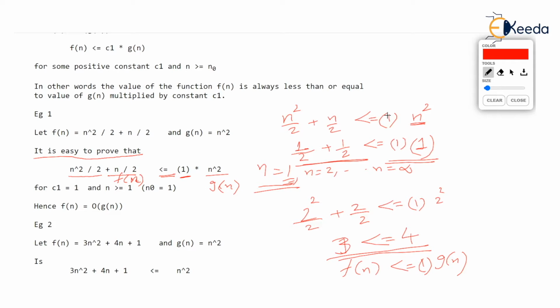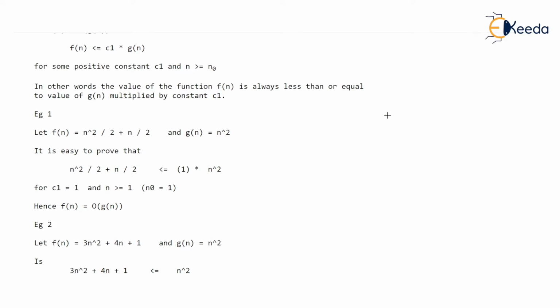Anyway, I don't mind in pure mathematics if you put n naught properly, for which values of n this is true onwards up to infinity. But 1 is okay. From 1 onwards, if it is true, or from 6 onwards, it is true. For some positive value of n onwards, it is true up to infinity. If you are able to prove that, then it is enough for our subject at least.